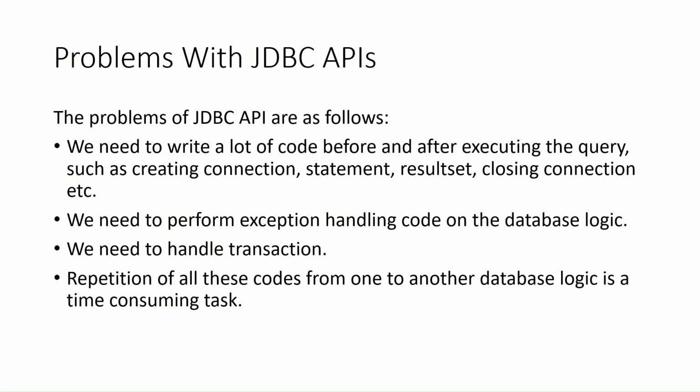You have to write the statement, result sets, closing connection code. So everything you have to write. But here, with the help of JDBC template, we can avoid those things. So we need to write a lot of code before and after executing the query, such as creating connection, statement, result set, closing connection, etc. And that we need not do with the help of JDBC template.